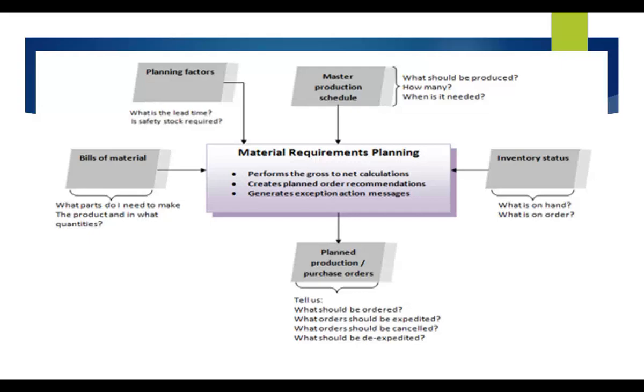MRP is going to do what we call a gross to net calculation and put out a message to order, to expedite, maybe change an order quantity, or even, if you've got something on order that isn't needed due to a demand change, you would de-expedite some things.